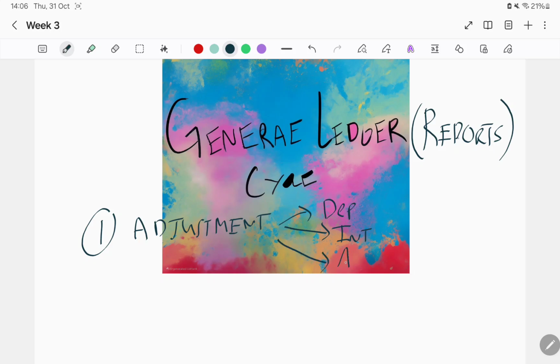Accrual adjustment, right? All those types of adjustment. All right, the first process to generate the financial report is the adjustment. You need to do the adjustment, can't run away. The adjustment, maybe you have provisions.